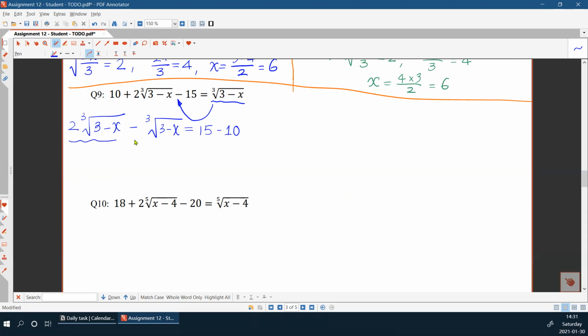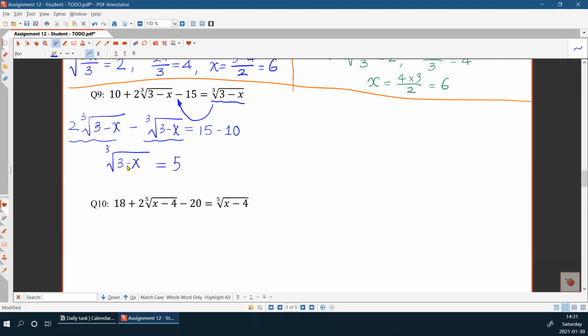Next step, you can merge these two terms, right? Because the only difference here is their coefficients. So actually here, by distributive law, we have 2 minus 1 times cube root 3 minus x, which is actually 1 times cube root of 3 minus x, equals 5, right?